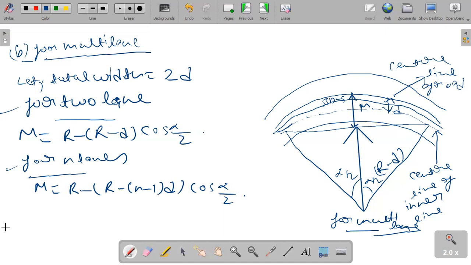Another thing is the setback distance from the center line of the inner lane.